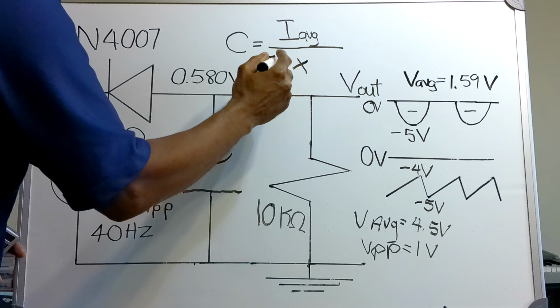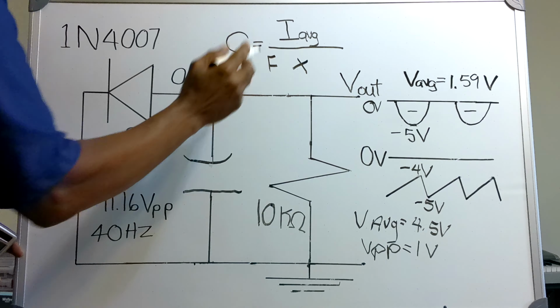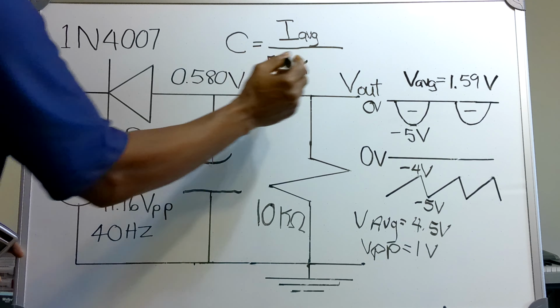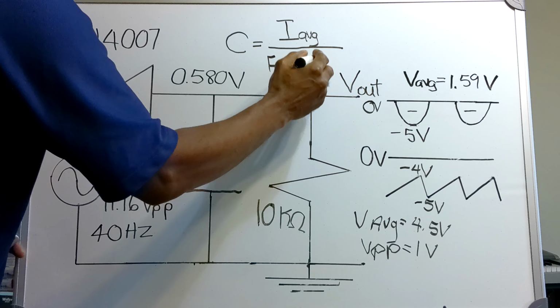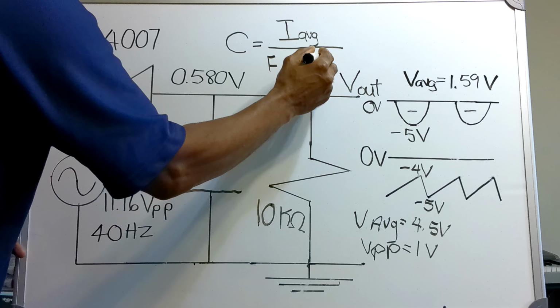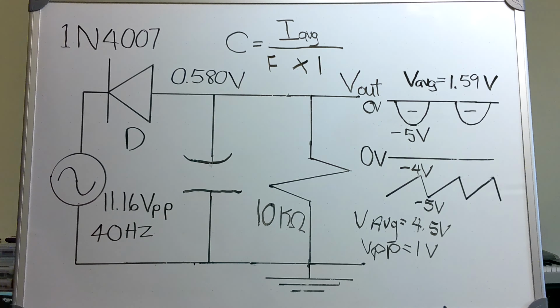So this will be I average times the frequency, and in this case, times 1 volt.